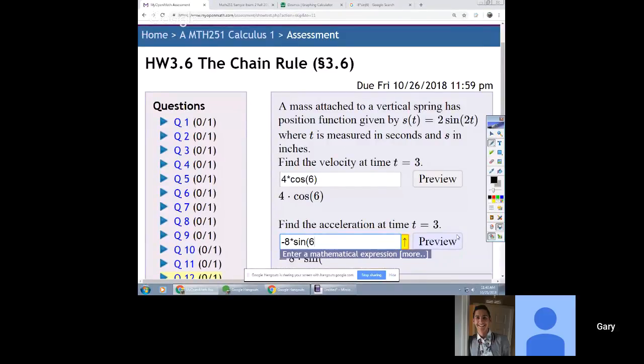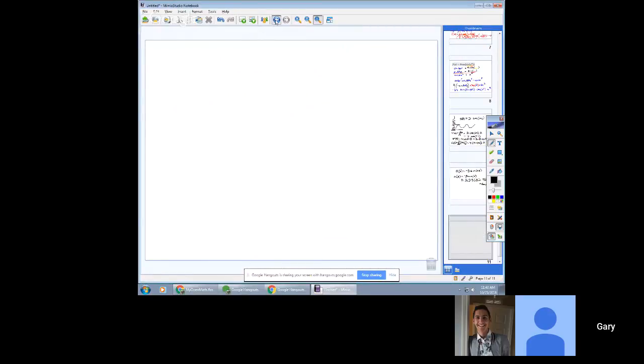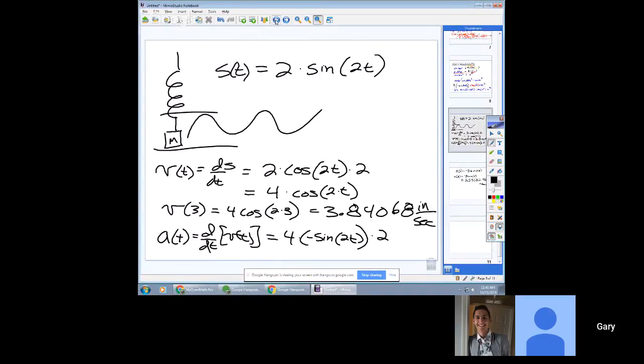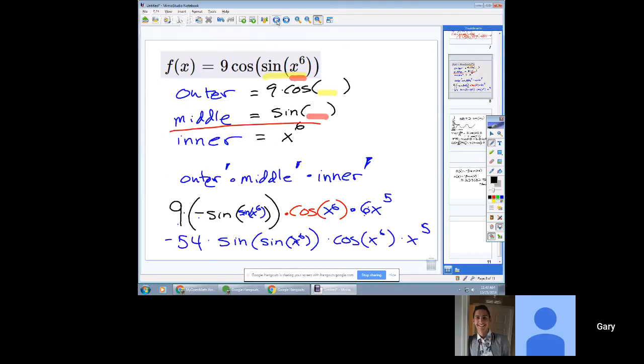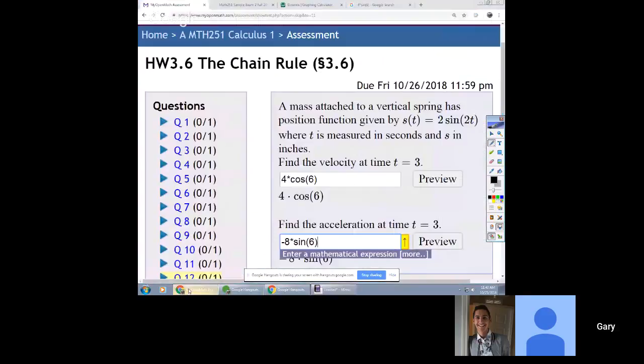Sine of 6. And what was the other one again? That one's about 2 inches per second. This one was almost 4 inches per second. At 3 seconds, do they tell us which direction is up and down? They don't tell us which is up and down.